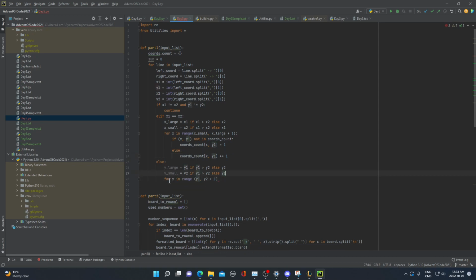Same for the y part. y1, y2 plus 1. What do I have it?